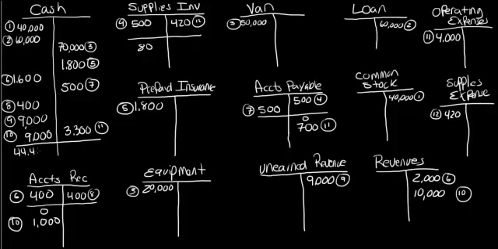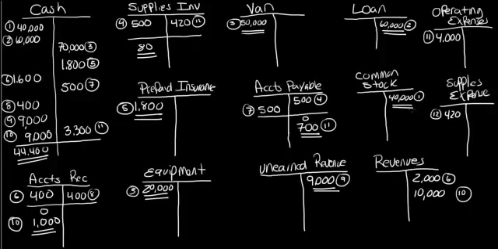Okay, so the final process here is I will total all these accounts up. In cash, I have $44,400. I'm going to double underline all these totals. $1,000 in accounts receivable, $80 in supplies inventory, $1,800 in prepaid insurance, $20,000 in equipment, a $50,000 van, $700 in accounts payable, $9,000 in unearned revenue, a $60,000 loan, $40,000 in common stock, $12,000 total in revenues, $4,000 of operating expenses, and $420 in supplies expense.